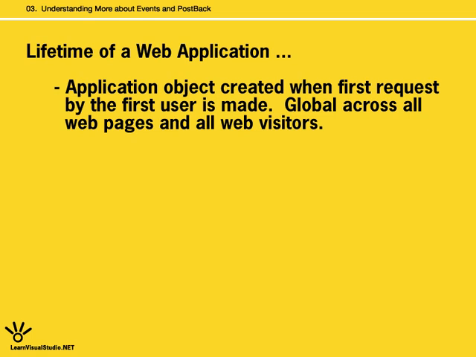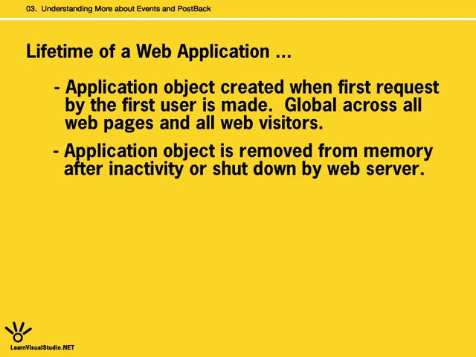Regardless of how many people access it or how many pages are contained within it, it's kind of the know-all, be-all object that contains information about our instance of our application running on a given web server. So when the application has been inactive for a long period of time, or when the website has been stopped at the web server level, the application object is removed from the computer's memory.